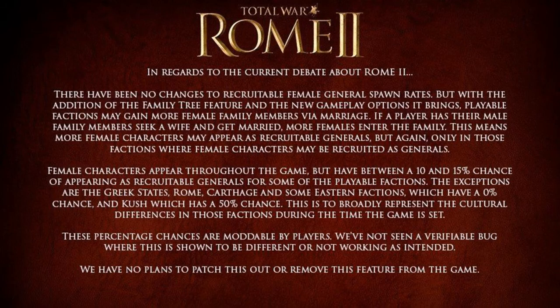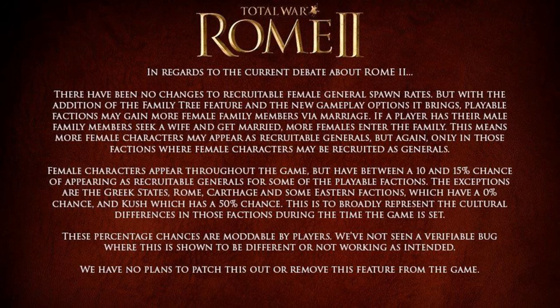When challenged about what a certain section of the gaming community perceived to be historical inaccuracy, Creative Assembly argued that the game was intended to be historically authentic, not historically accurate, and that, in any case, female generals would only spawn under very specific circumstances.